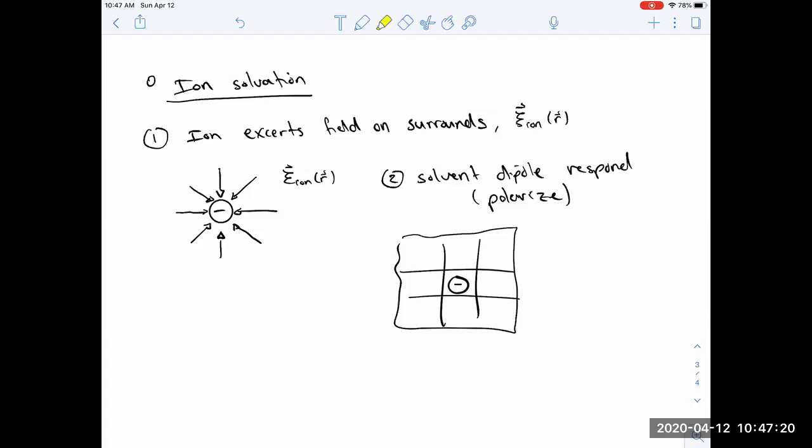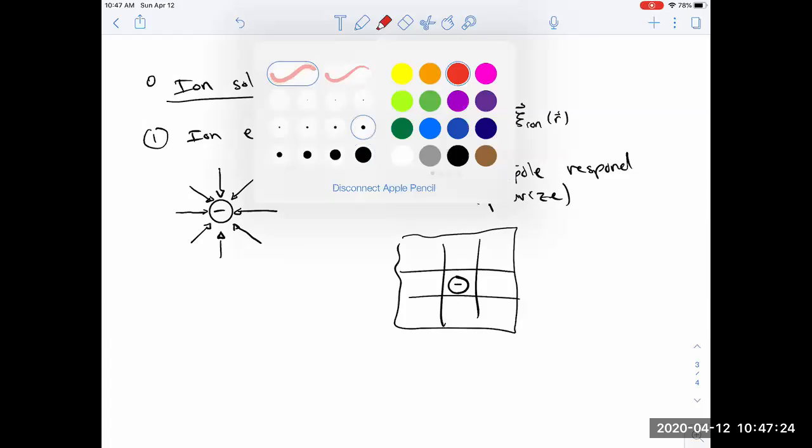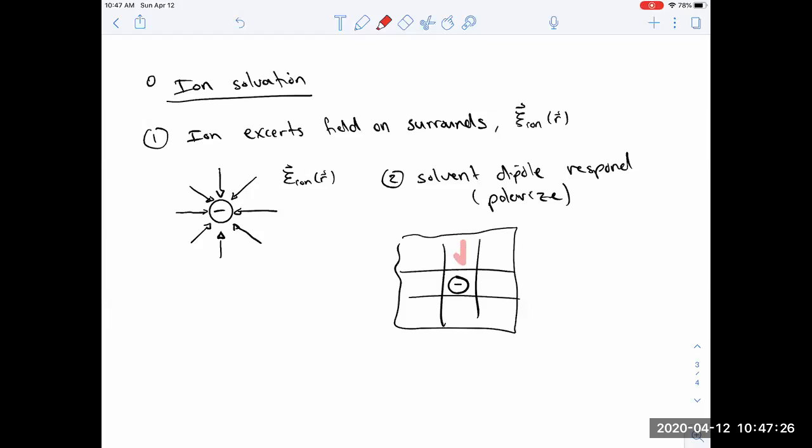So those dipoles, if we were to draw them as we did before, because we know what the field looks like, we know what those dipoles would look like.